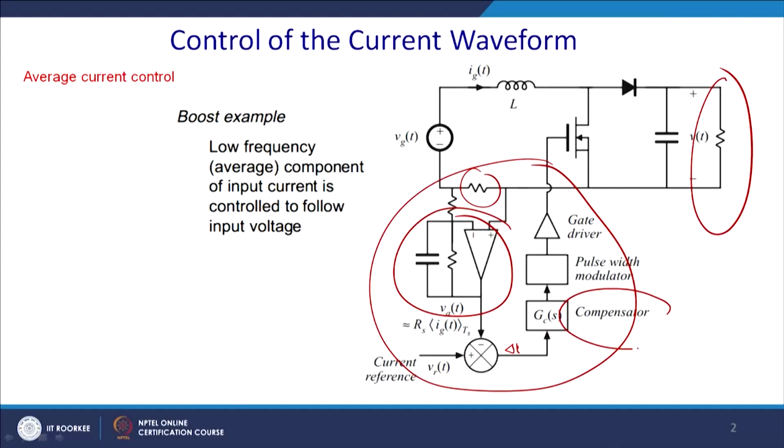Generally it is nothing but a lead-lag compensator, depending on your need for faster response and all those things. We have to keep the gain margin and phase margin of the system at a desired level. So, this compensator essentially will give you the desired gain margin and phase margin.